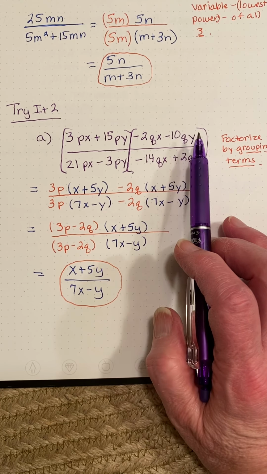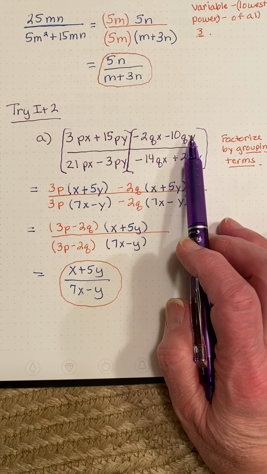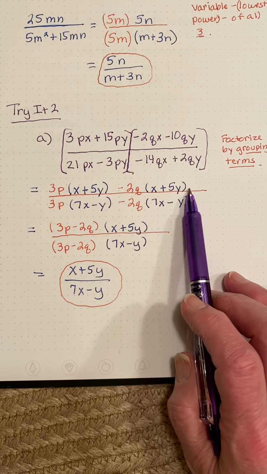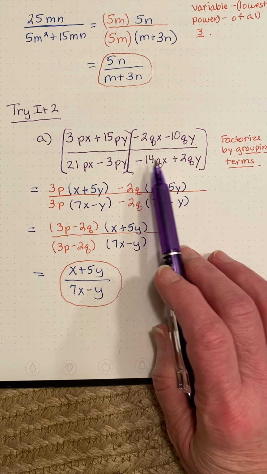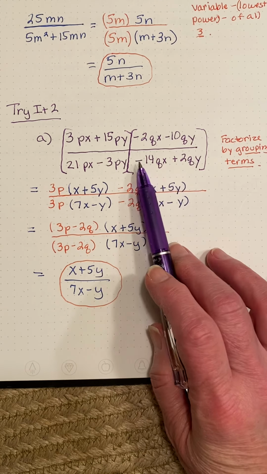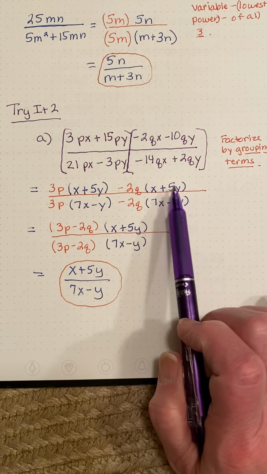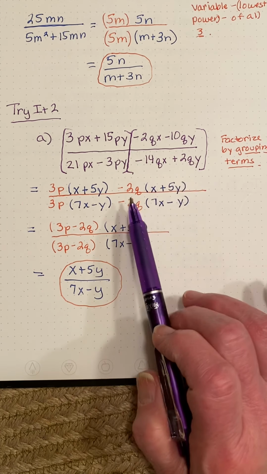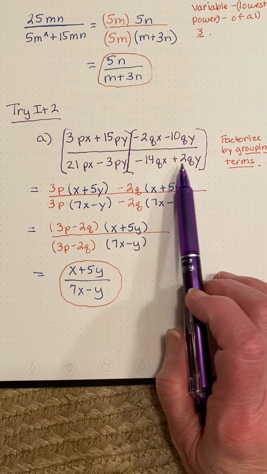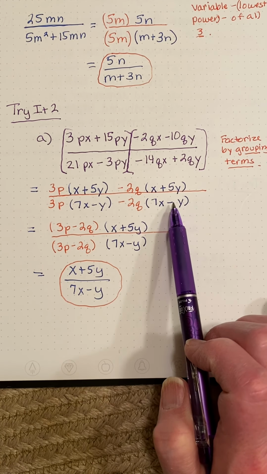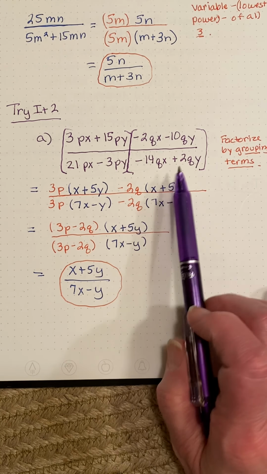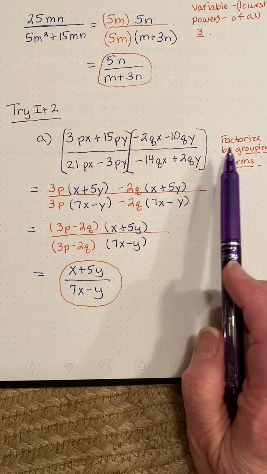Go back to your working with positive and negative sheet if you need to. So I'm left with 5y there. If I take a negative 2q out of a negative 14qx, I'm left with a positive 7x. And because I'm dividing by a positive by a negative, my answer is going to be a negative. It's a 1, which I don't have to write. The 2q's go away and I'm left with y.